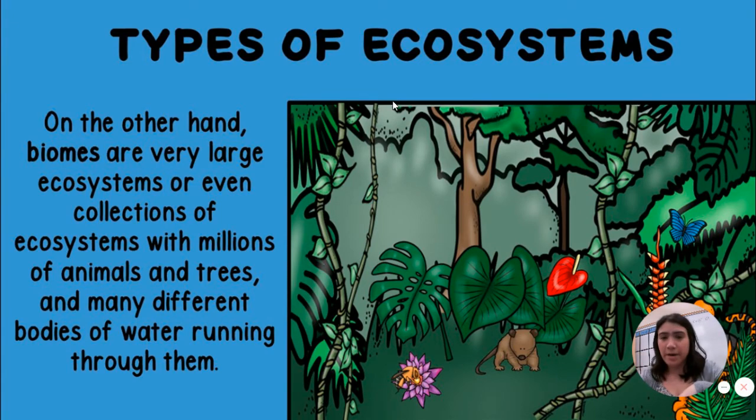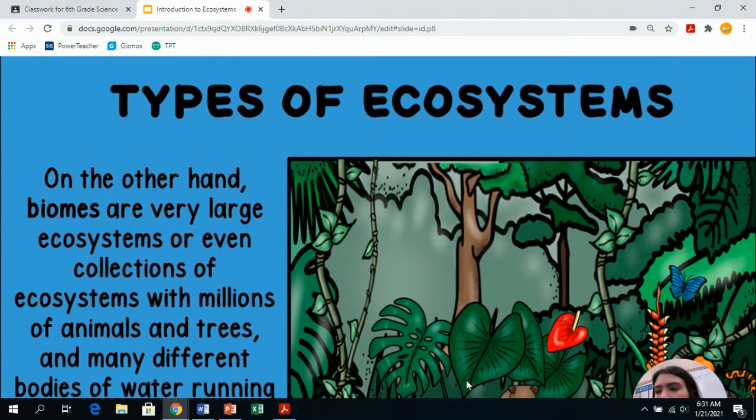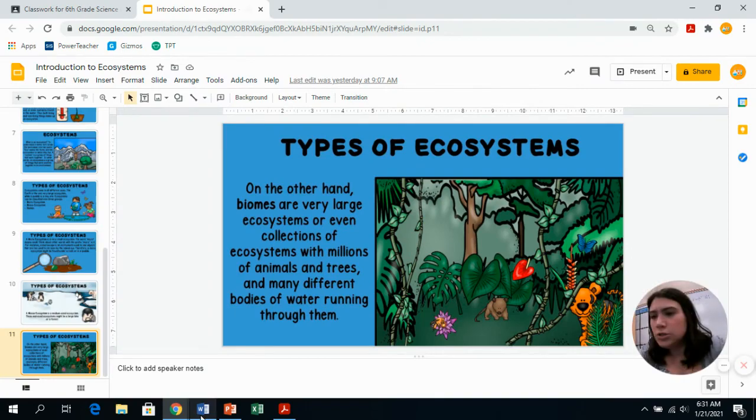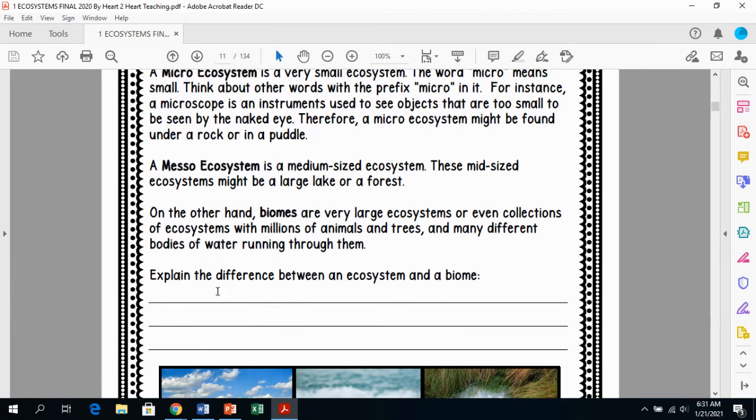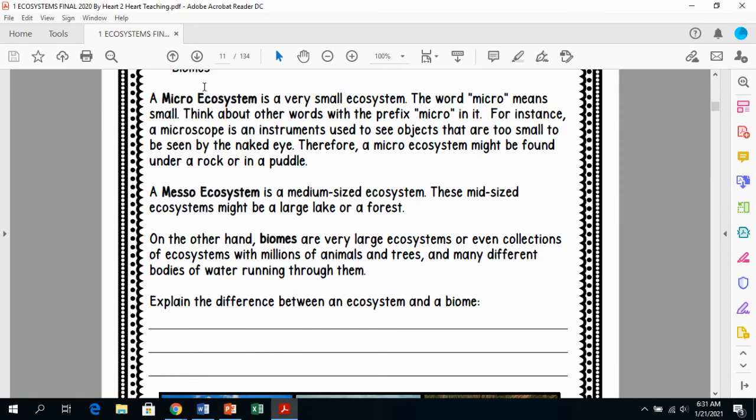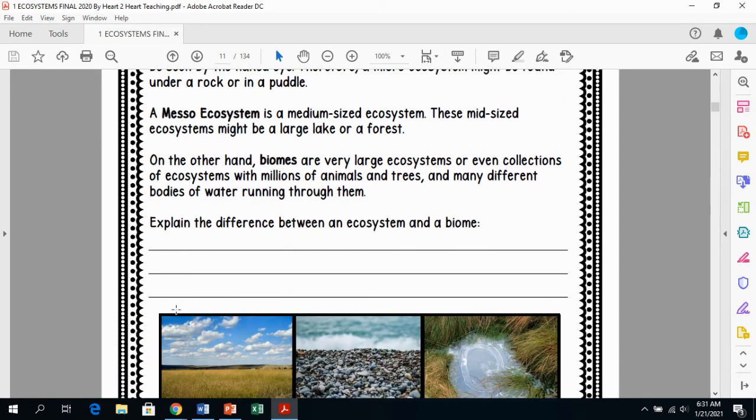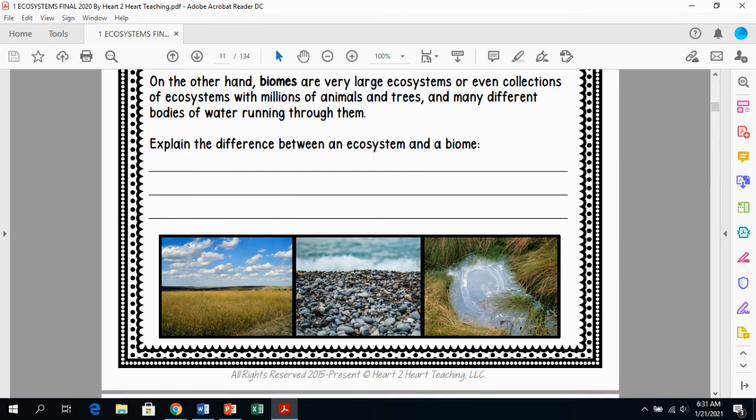That's the Arctic biome. So what you guys are going to do is explain the differences between a micro ecosystem, a meso ecosystem, and a biome. You're going to use these three paragraphs to answer your question. It's the same expectation that this is a full and complete sentence, and you're going to practice your grammar and your writing.